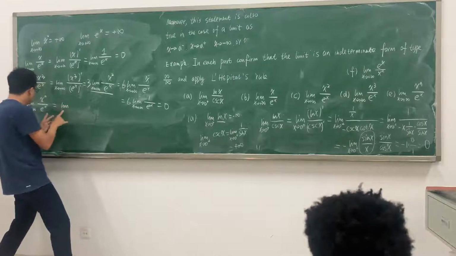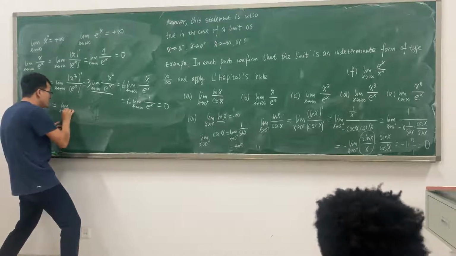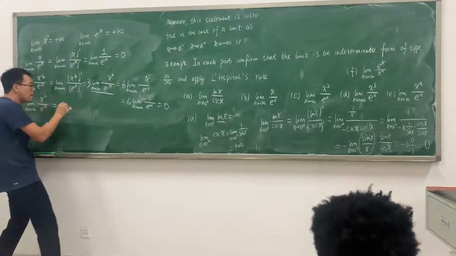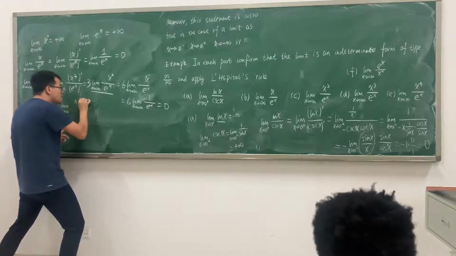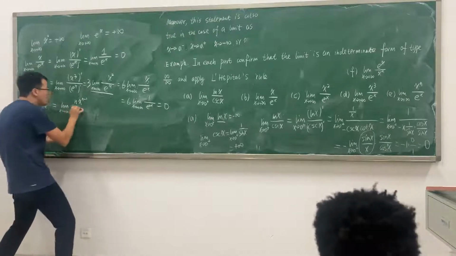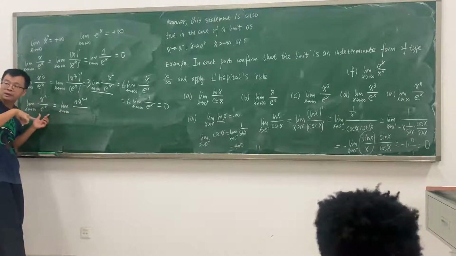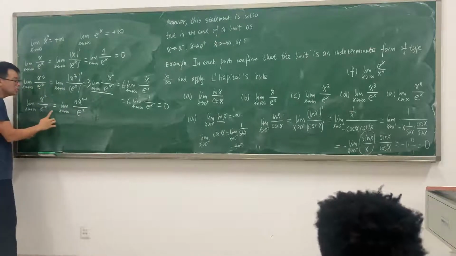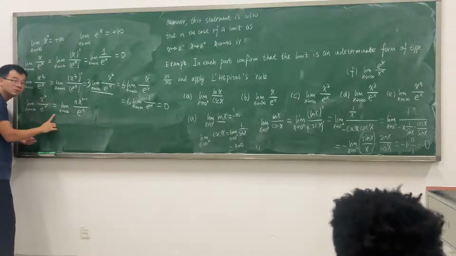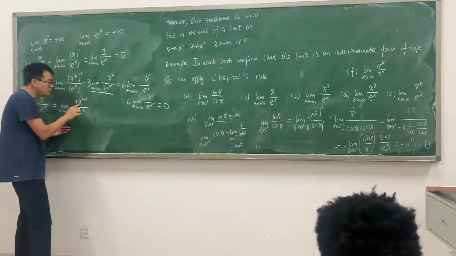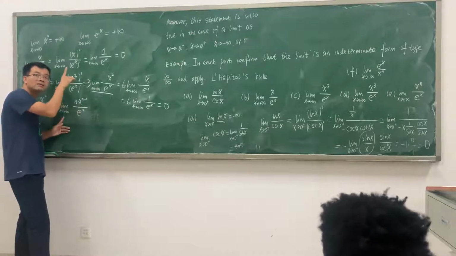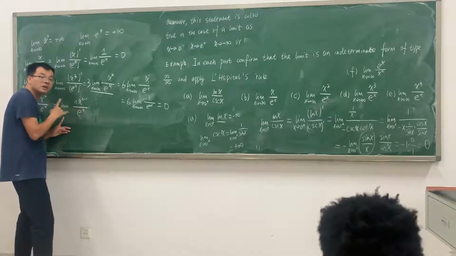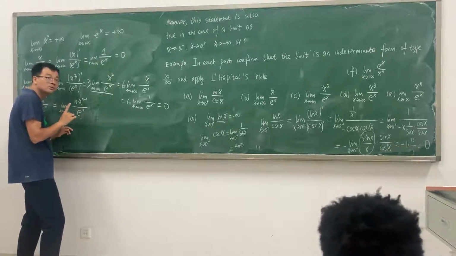The derivative of x to the nth power is n x to the n minus 1, divided by the derivative of e^x, which is e^x. As x approaches plus infinity, this is again infinity by infinity, so we can use L'Hopital's rule again.